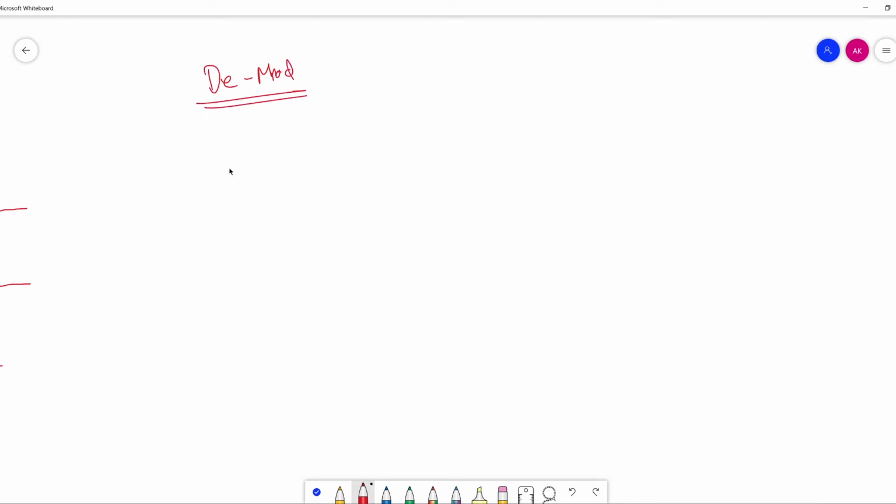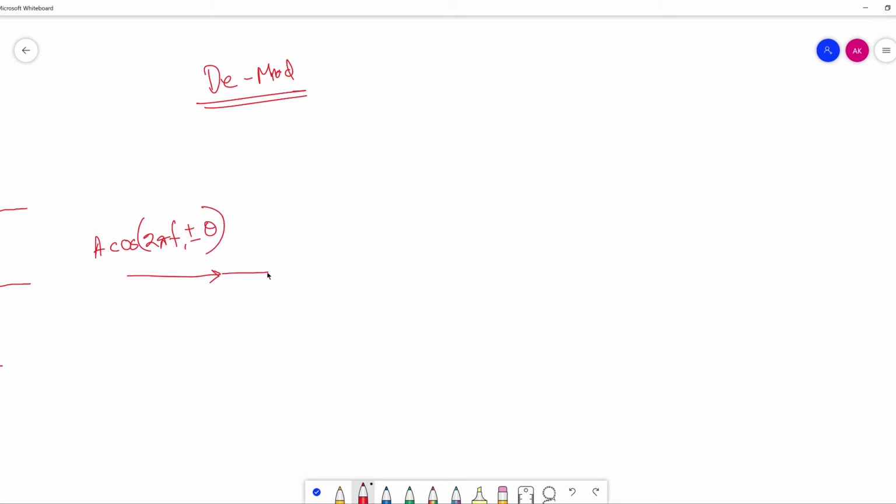So for the demodulation, actually we have the frequency of the modulation. So we have, so this is the signal.